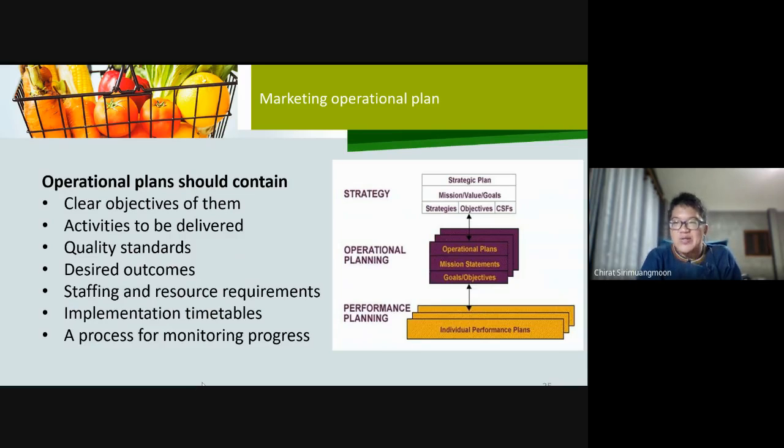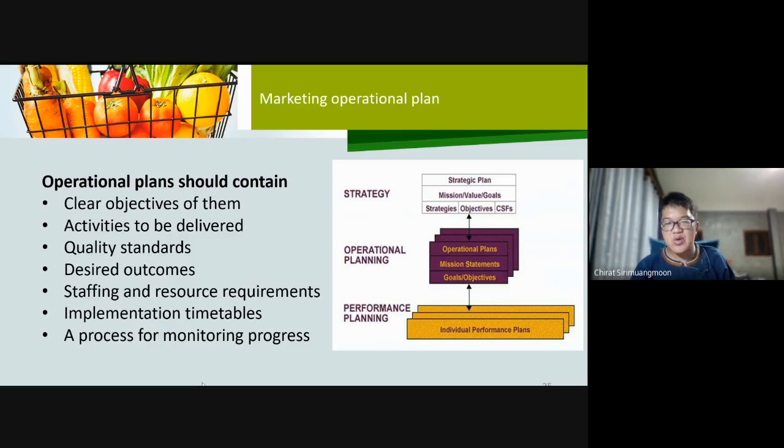What do you need to include in the operational plan? First, the objectives. Second, the activities that you need to deliver what they want. Quality standard: you use this in order to compare and control the quality. Desired outcome: what do you expect?